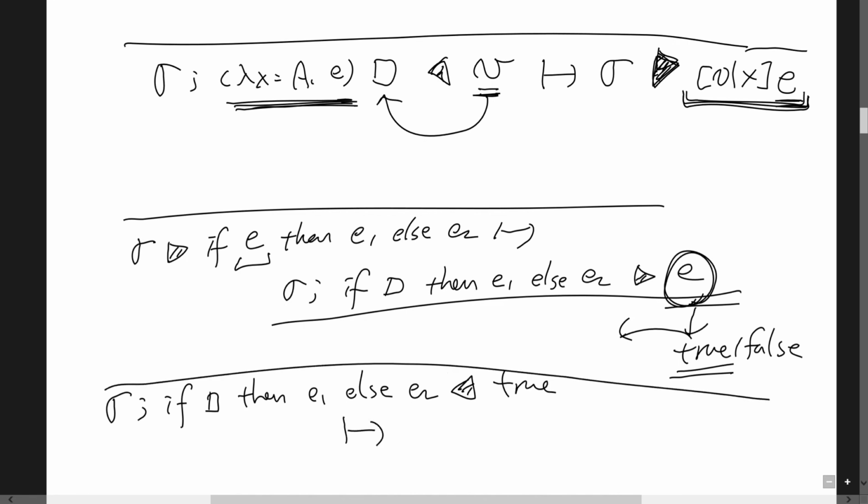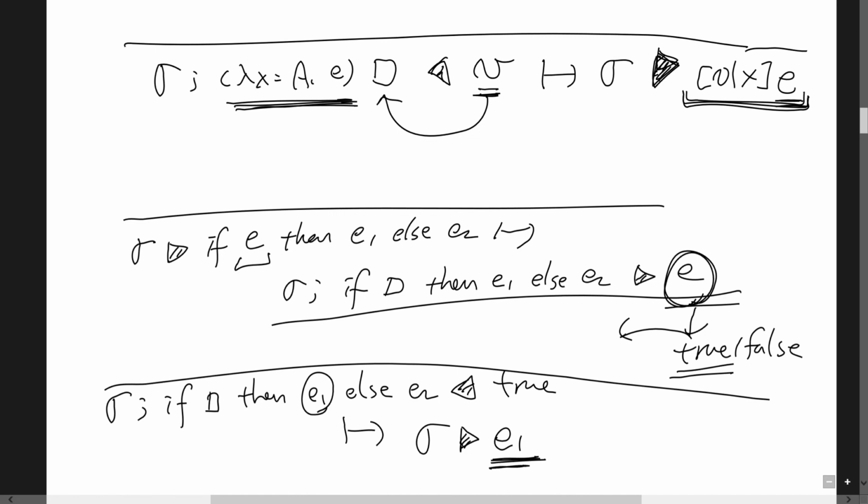And then what is the next state? We are going to take the expression E1, so it's going to be sigma, and then we have to do something about the expression E1. And of course, we want to keep analyzing expression E1, because in general, expression E1 is not necessarily a value.